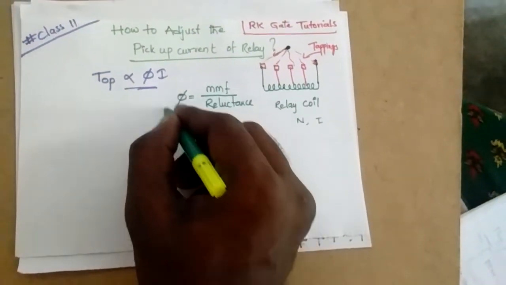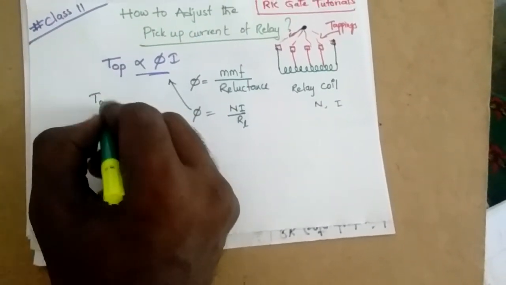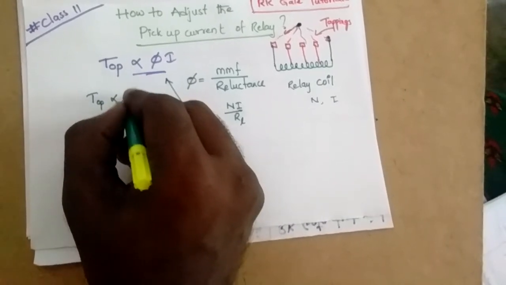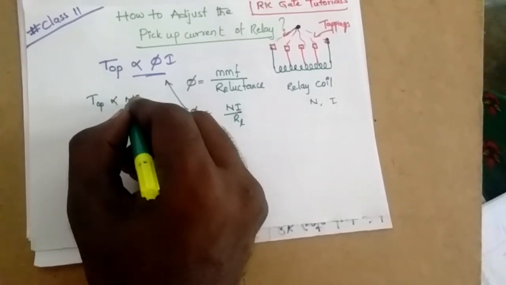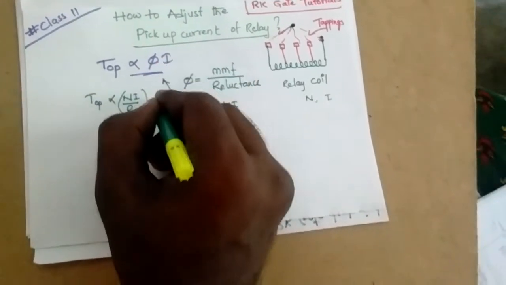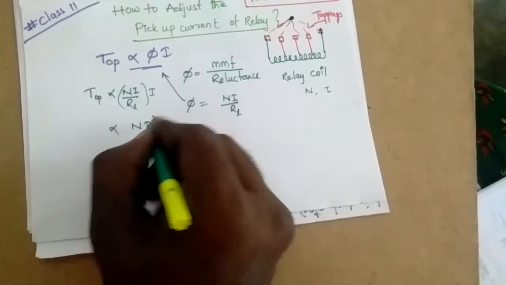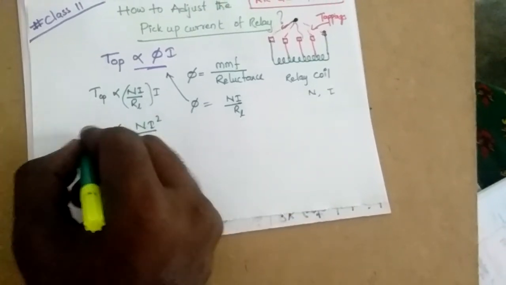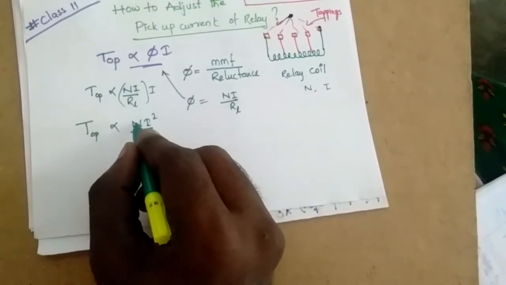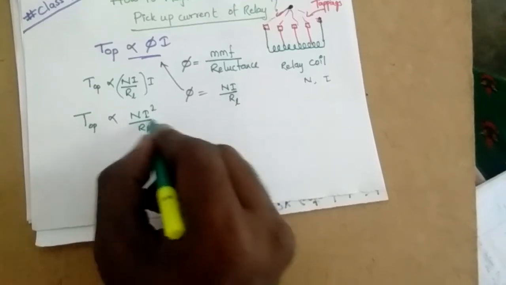Substitute this here. Then you will get the operating torque proportional to N I by RL multiplied by the current. So simply you can write N I square by RL. So the operating torque is directly proportional to the number of turns and the square of the current, and inversely proportional to the reluctance.